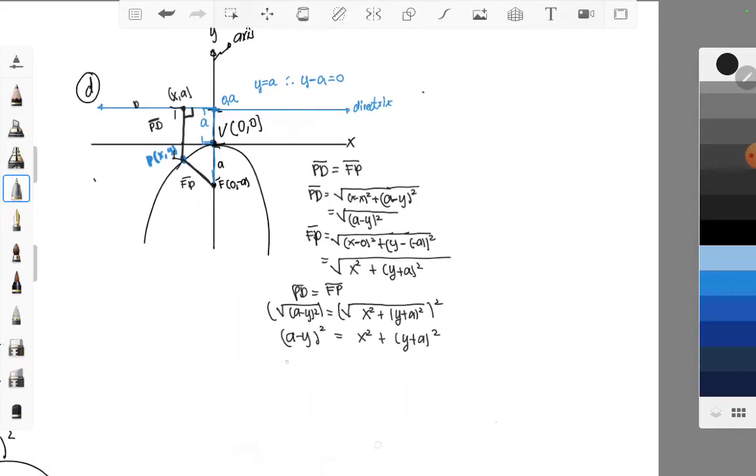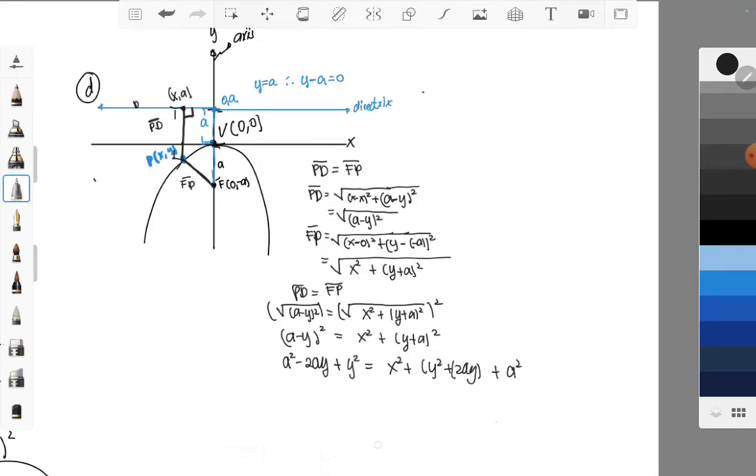By further manipulation, I will have a square minus 2ay plus y square, which is equal to x square plus y square plus 2ay plus a square.